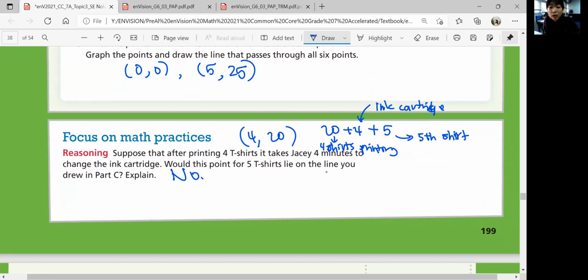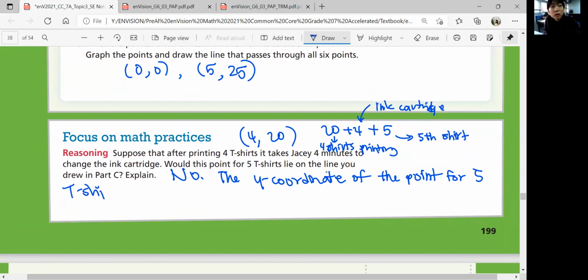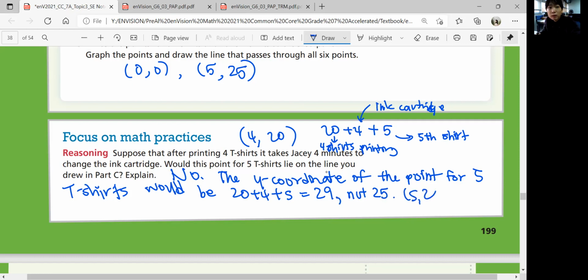So let's describe that. No, the y coordinate of the point for 5 t-shirts would be 20 plus 4 plus 5, which is 29, not 25. 5, 29 is not on the line.